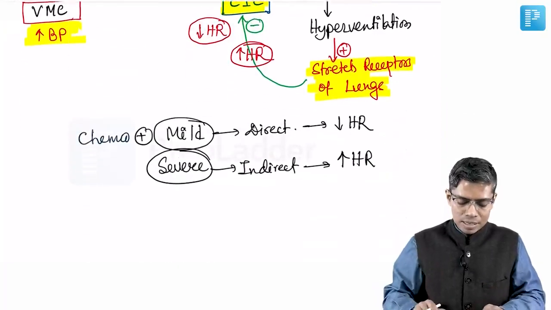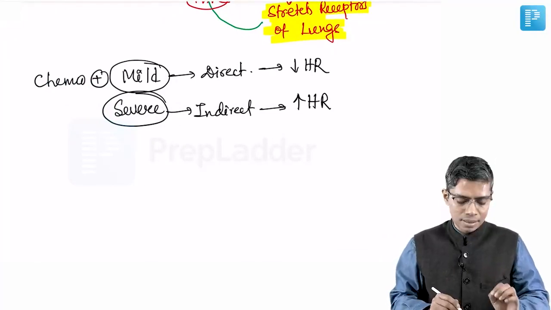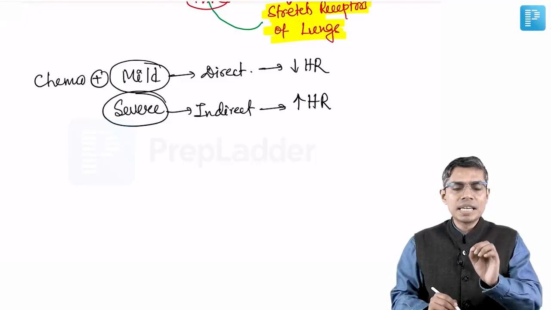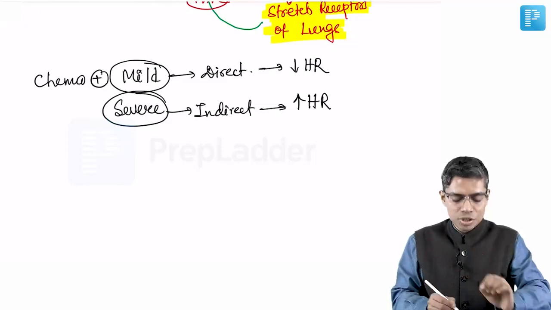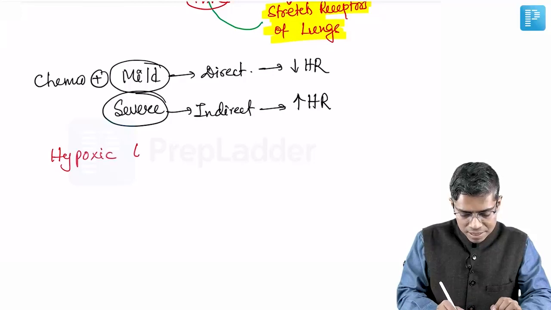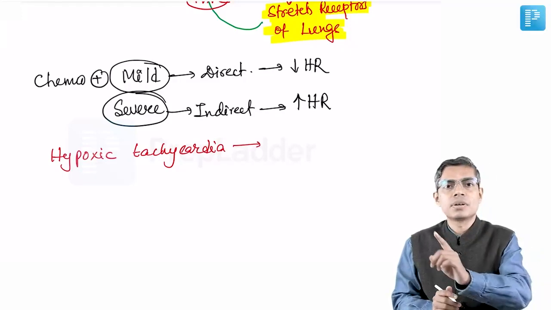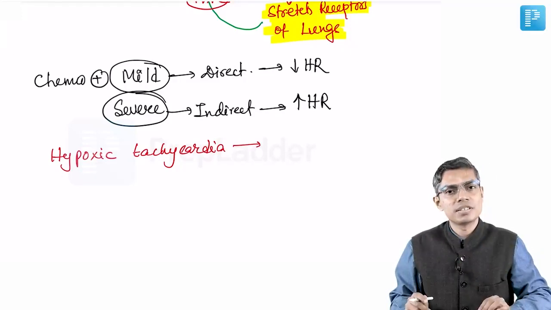Now, there is an MCQ in the AIIMS entrance examination where they asked that hypoxic induced tachycardia is due to which receptor? This was the question in AIIMS PG. Hypoxic tachycardia is due to which receptor? Baroreceptor, chemoreceptor, lung stretch receptor. What will be your answer?